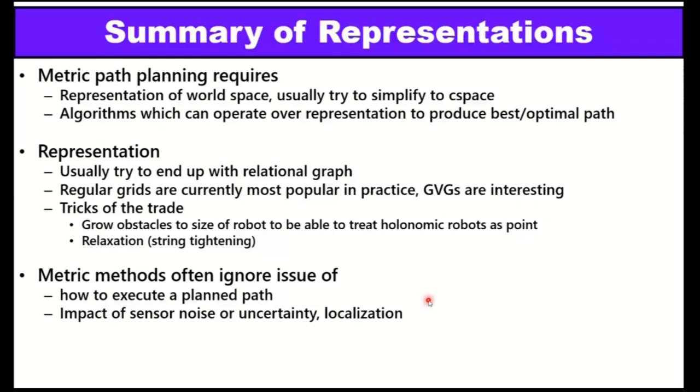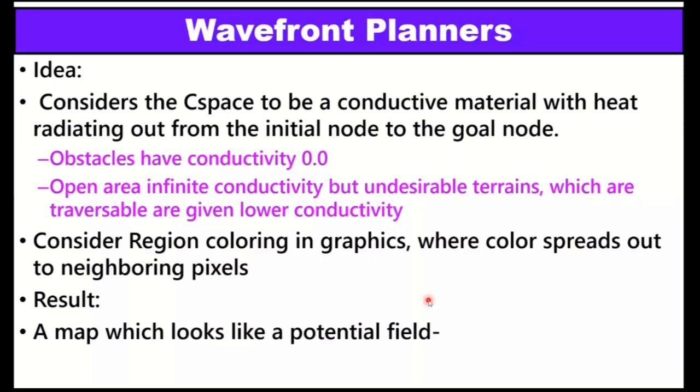One more advanced technique is what is called the wavefront planner. Now this sometimes uses a thermal camera, or sometimes it uses camera techniques. So now the whole configuration space is treated as a conductive material. So obstacles will have conductivity and other areas will not.